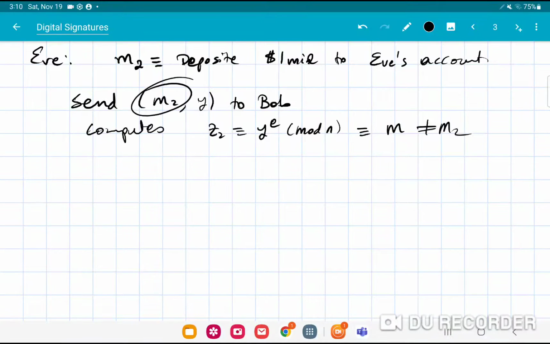So he sees M2 and he calculates Y to the power of E, which is M, and it's not the same as M2. So he doesn't believe it. Since M is not the same as M2, Bob puts Eve in jail.